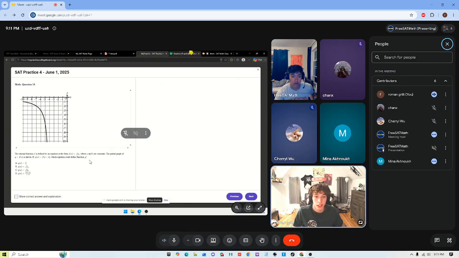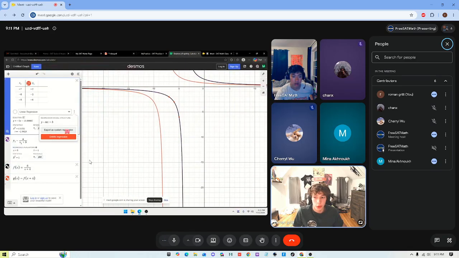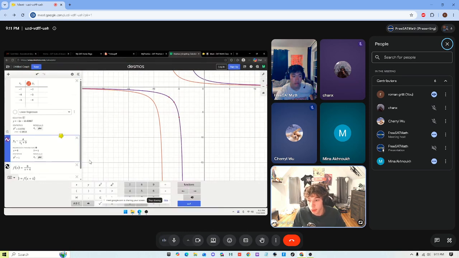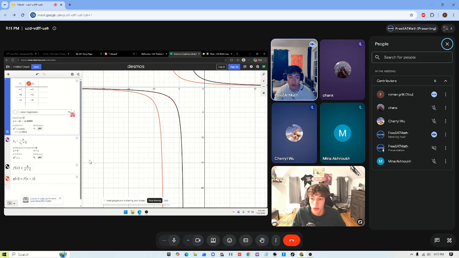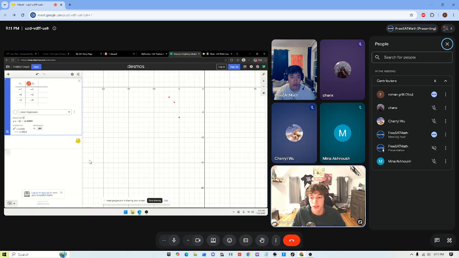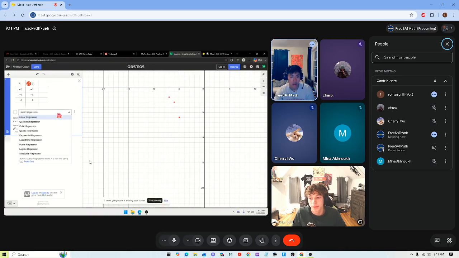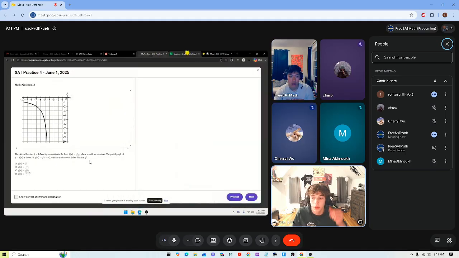And custom regression means you can put your points in whatever form you want. And since they gave us the form, we just used that, and then it found our a and b. Okay, yeah, I get it. Thank you. Cool. I don't know if that's a little confusing with custom regression, but I think that's the easiest way to do it.